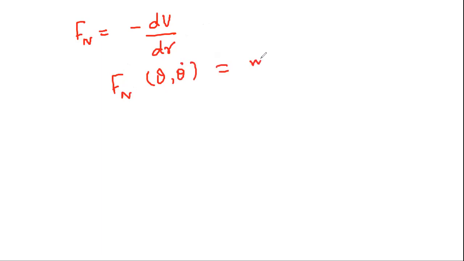So my force of constraint, which is the normal force, which is minus dv by dr, applied in the radial direction, is simply, I will write it this way, Fn of theta, theta dot, it depends on theta and theta dot both, is mg cos theta minus m r theta dot square.